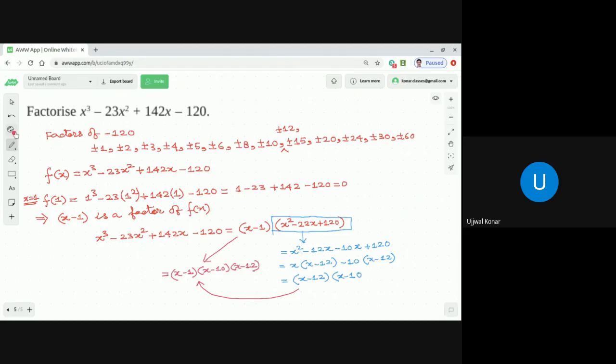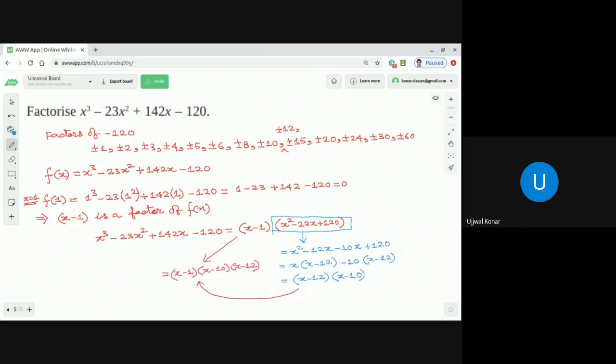Now tell me, dear students, if you are not aware of the application of the factor theorem, how could you factorize this one? It was a little difficult, right? Because just by splitting the middle term is not possible here.